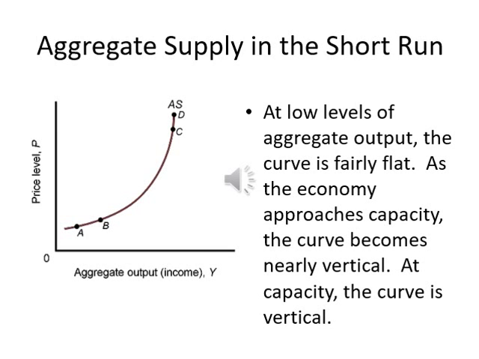At low levels of aggregate output, the curve is fairly flat. As the economy approaches capacity, the curve becomes nearly vertical. At capacity, the curve is vertical.